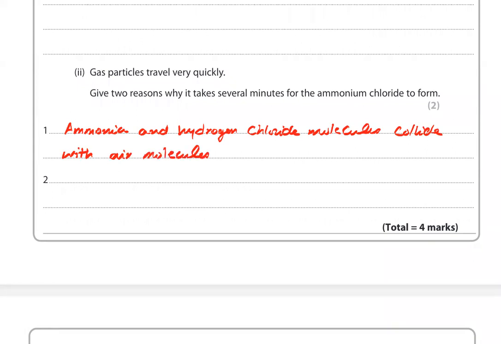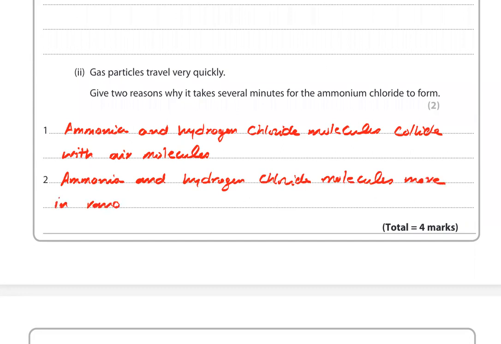We said they collide with the glass wall, which is the side of the tube, and that they collide with themselves, and that they don't move in straight lines, they move randomly in random directions. So ammonia and hydrogen chloride molecules move in random directions. We also said many particles of ammonium chloride must form before they can be seen.